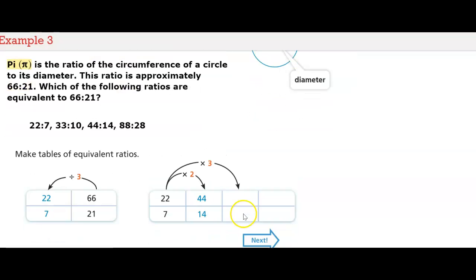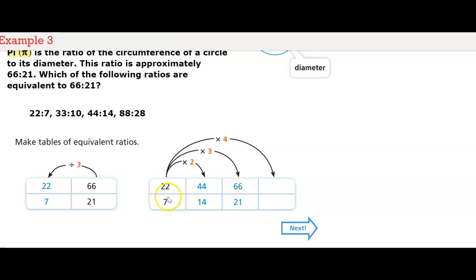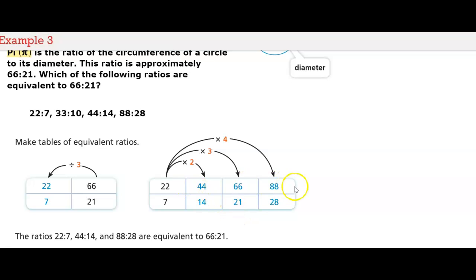Then we multiply it by 3, we get 66 over 21, and lastly multiply it by 4, and we get 88 over 28. So the ratios 22 to 7, 44 to 14, and 88 to 28 are equivalent to 66 to 21. We did not get 33 to 10, so that is not equivalent to any of these ratios.